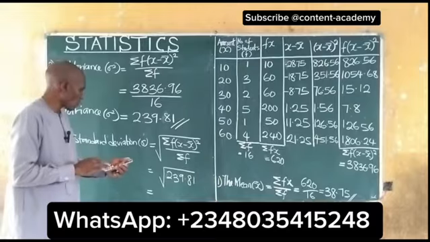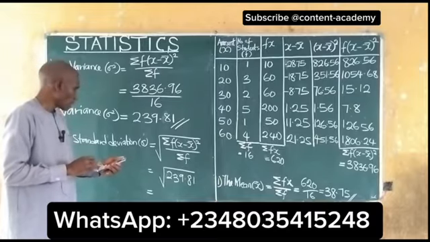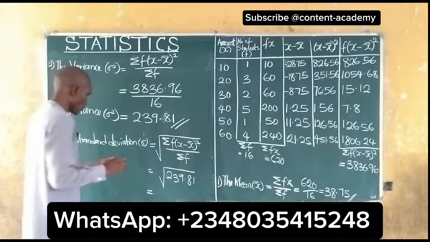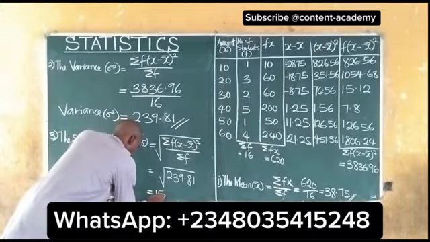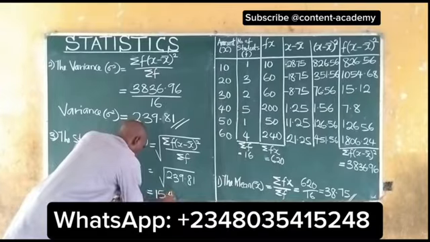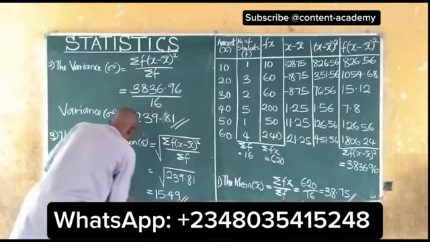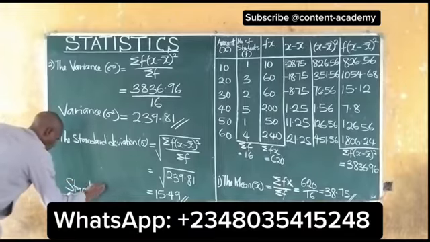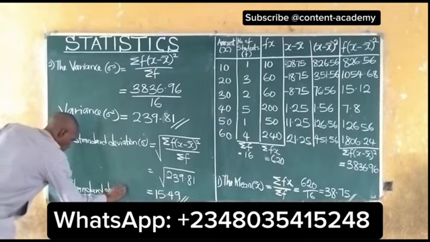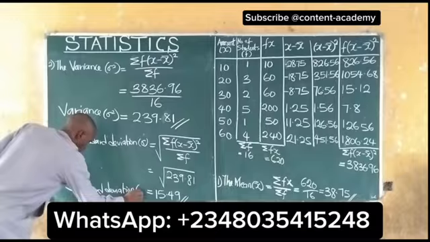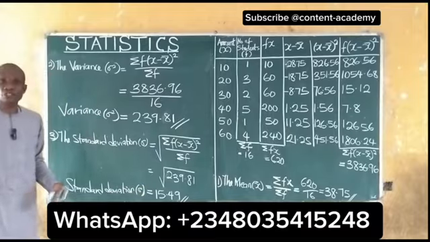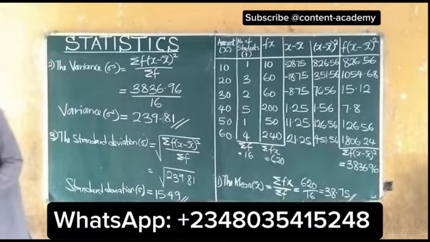So we have the square root of 239.81, we have 15.49. So the standard deviation is equal to 15.49. So this is how it can be computed.